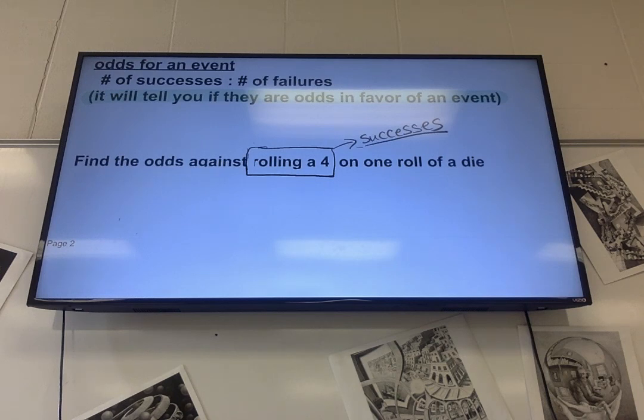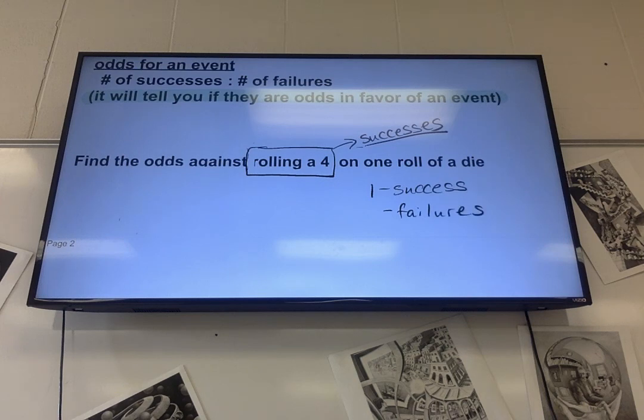So the odds against rolling a 4. When you roll one die, how many 4s are on a die? 1. So we have 1 success, because there's 1 four.